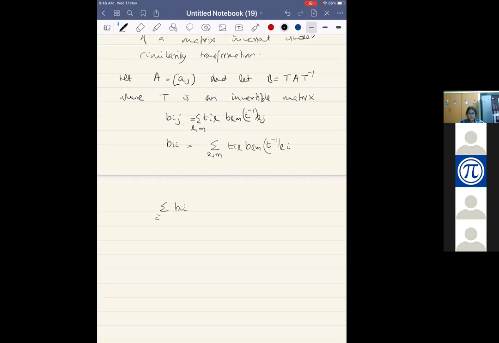Sum over i equal to 1 to n of B_ii is the sum over l, m, sum over i, of T_il A_lm T inverse_mi. Interchange the sums. This should be m here, m here, m here. It should be A_lm, right?